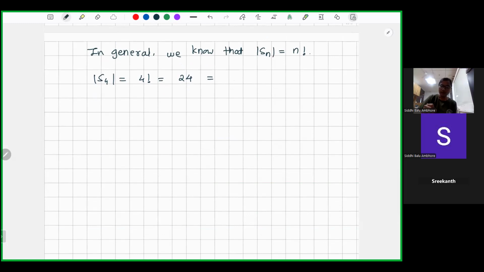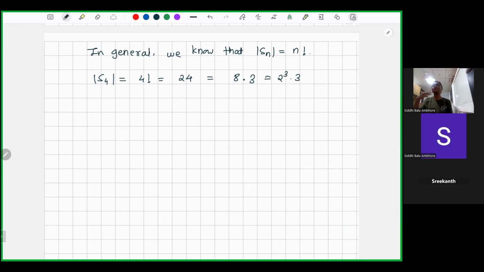Okay, so if I want to write that, this is 8 into 3, that is 2 cube into 3.